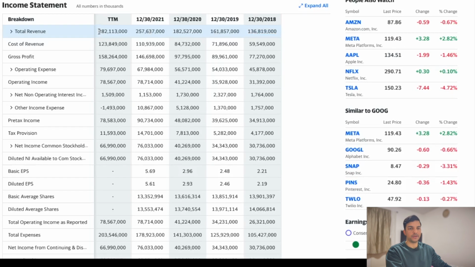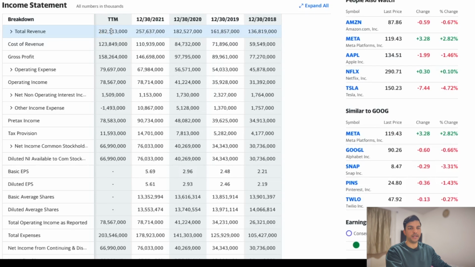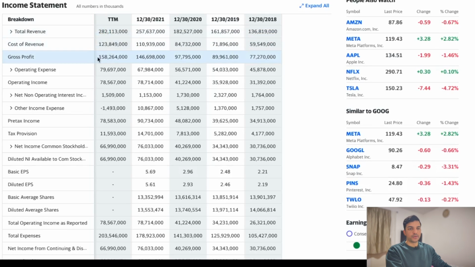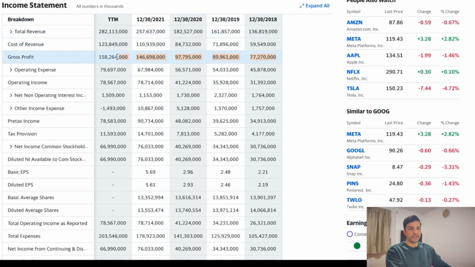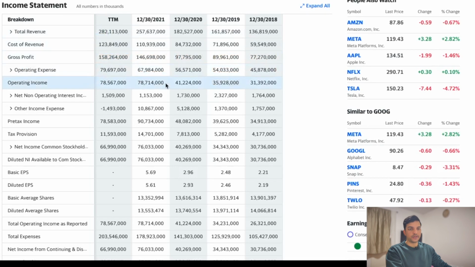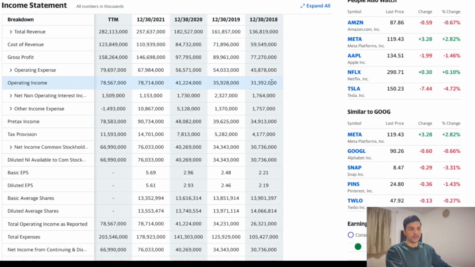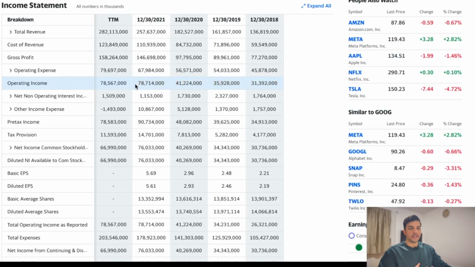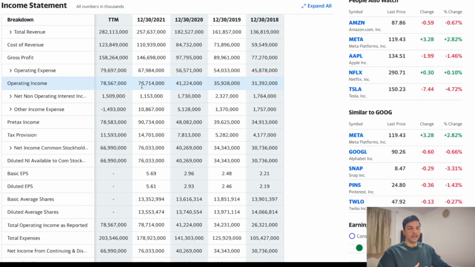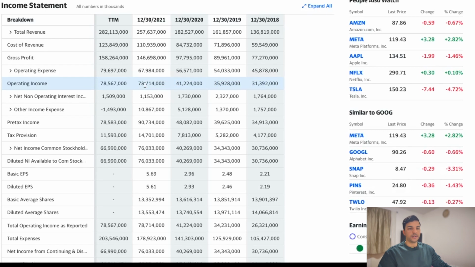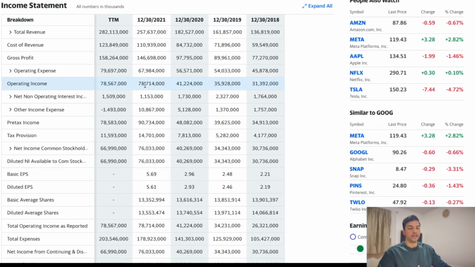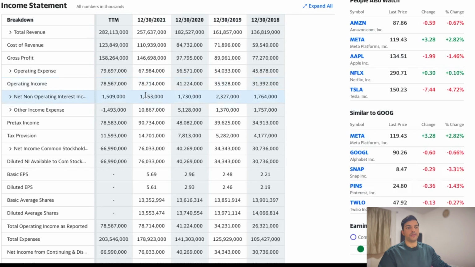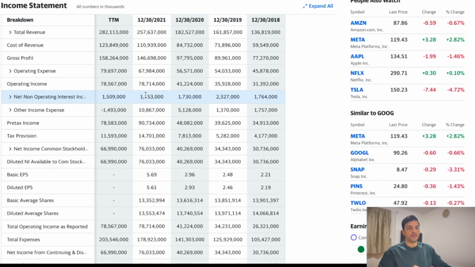They have the total revenue of 282 billion. They have gross profit margin increasing year over year, and the operating income is also increasing year over year. I would say this is the kind of company, and if you're looking to invest for the long term, I would bet on Google over, let's say, Uber. So this is an example of a very, very good company income statement.